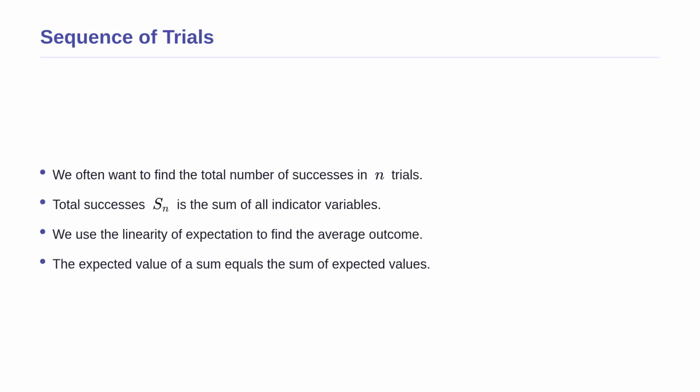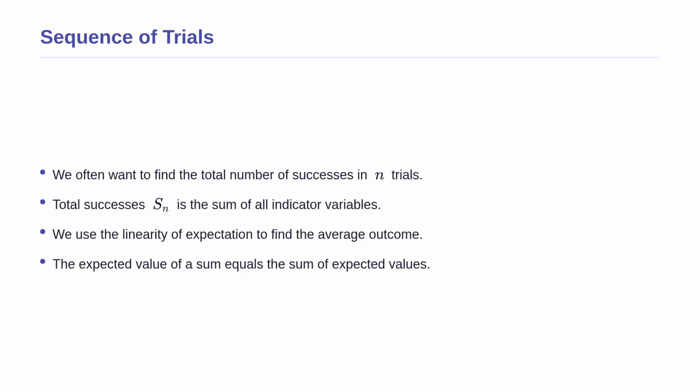With our mathematical switches defined, let us look at what happens when we perform a whole sequence of these trials. Suppose we want to find the total number of successes after n trials. We can represent this total, which we call Sn, by simply adding up all of our individual mathematical switches.